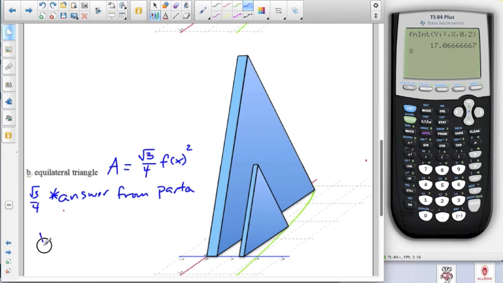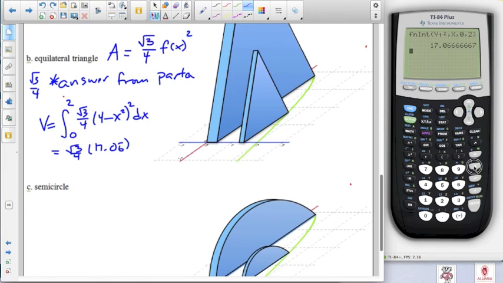So I am going to go ahead and set up what the integral would look like from 0 to 2, square root of 3 over 4 times 4 minus x squared, the function squared, dx. But we've already integrated that, and we know that that is 17.06 repeating. So I'm just going to go ahead and say this answer is the square root of 3 over 4 times 17.06 repeating.